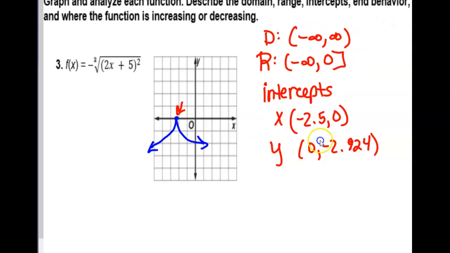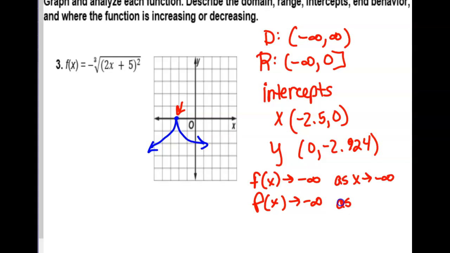End behavior. What are both ends doing? Going down. So y goes towards negative infinity on both ends, both as x goes to the left and as x goes to the right. All right, increasing, decreasing. It is continuous as well, but doesn't ask that. Okay.